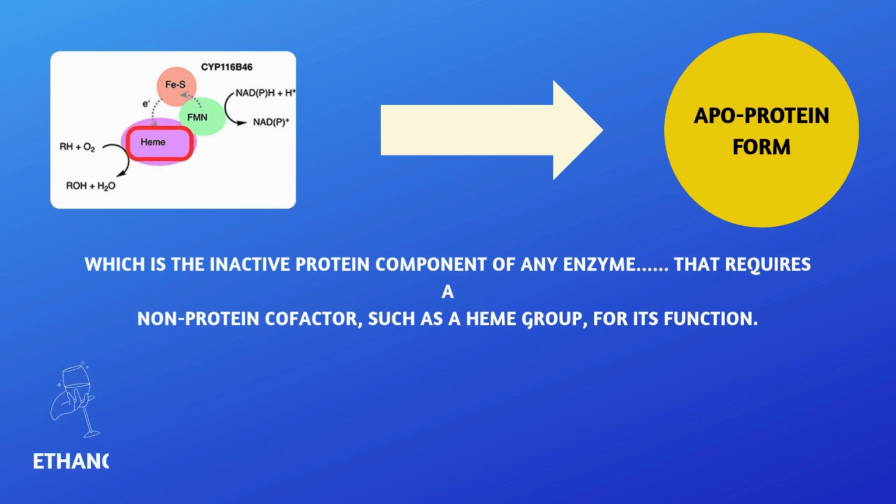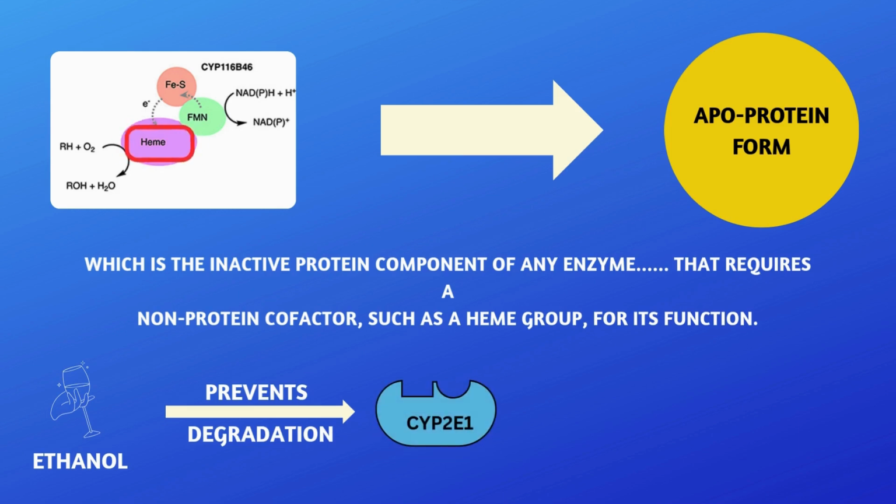If you consume a low concentration of ethanol, the ethanol stabilizes the apoprotein form of cytochrome P2E1, the enzyme without its heme group, and protects this apoprotein form from degradation. So the enzyme stays longer. What it means? It metabolizes more drugs or chemical molecules.